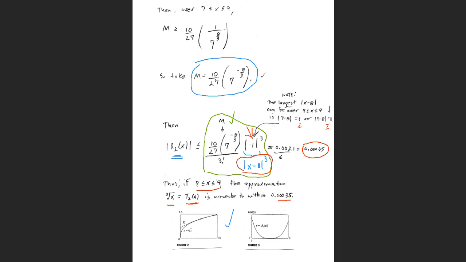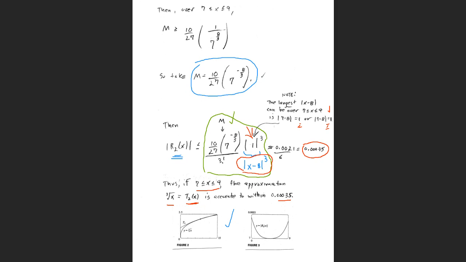That's where you have the second degree Taylor polynomial and the cube root function, and you can see that about a equals 8 it's a good approximation.